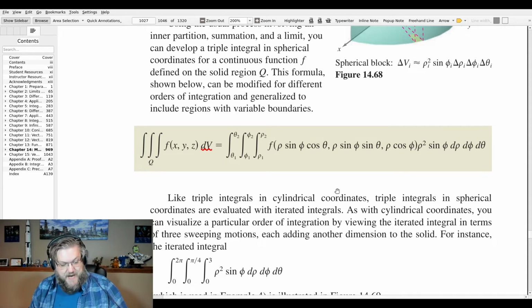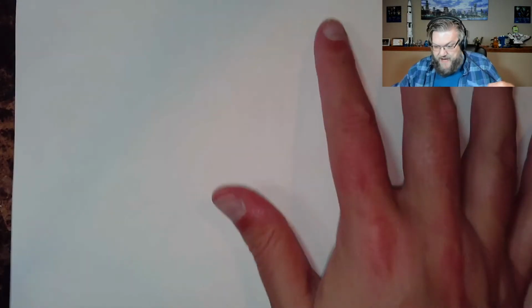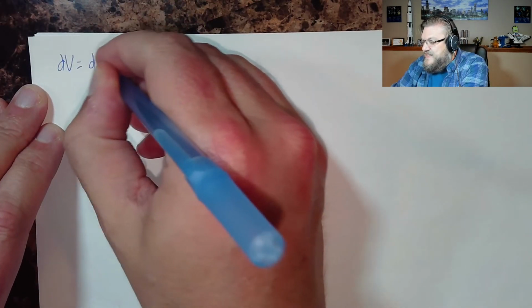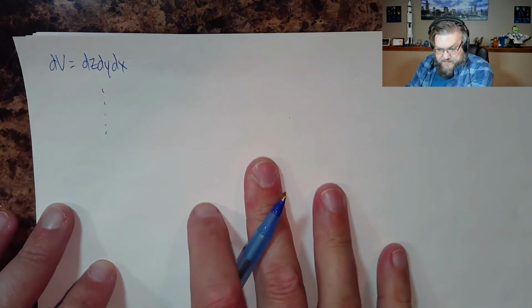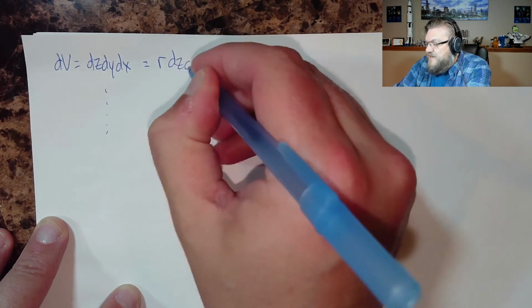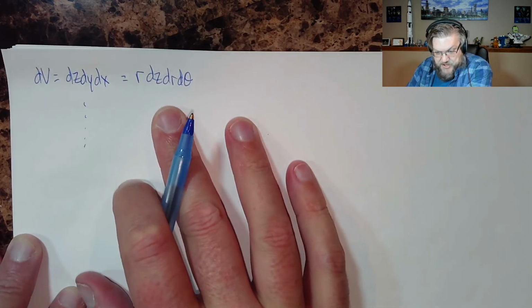So let's recap what dV unpacks as. dV can certainly be dz dy dx, and the five others. We also have r dz dr d theta. That can be an option.